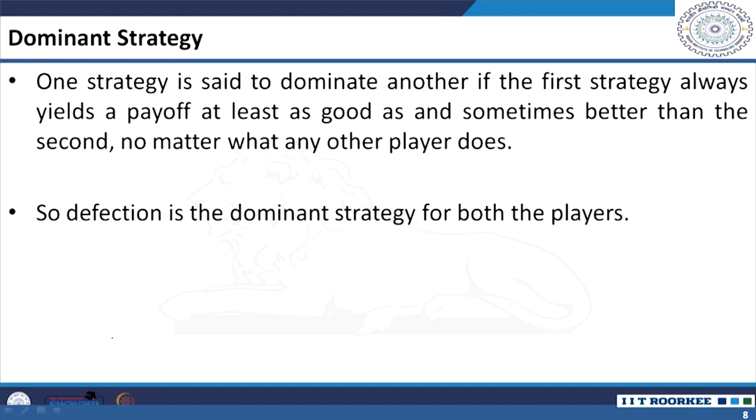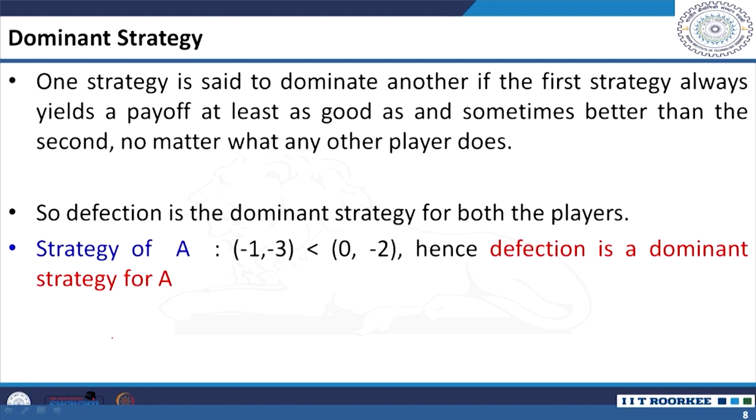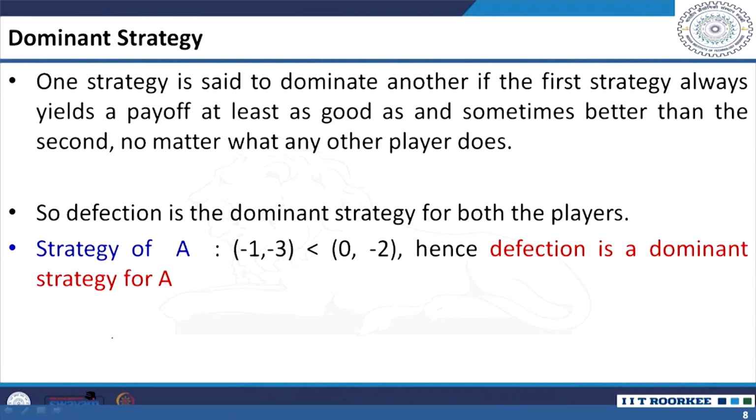They are getting the highest payoff. If you compare the strategies of A, as per this prisoner's dilemma box, we find -1, -3, and here this -1, -3 is obviously less than 0, -2.